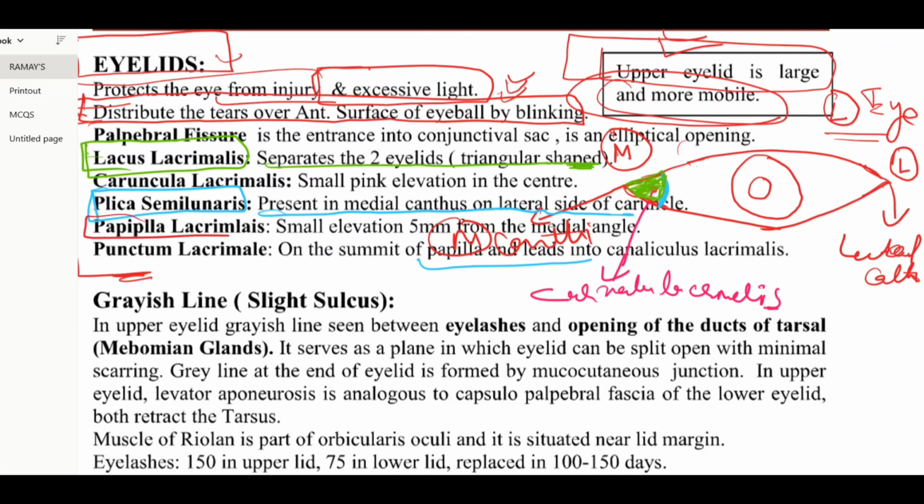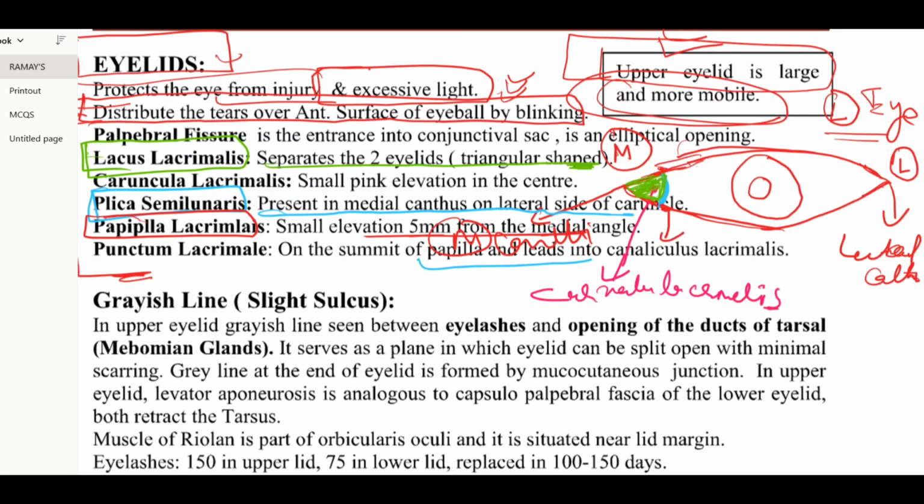What is the papilla lacrimalis? A small elevation 5 mm from the medial angle. As the eyelids move medially, here and here, there is a small elevation present.